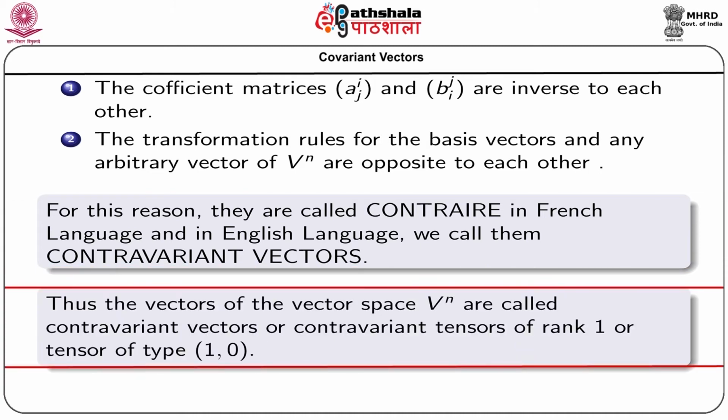Thus, the vectors of the vector space V_n, that is the n dimensional vector space, are called contravariant vectors or contravariant tensors of rank 1 or tensors of type (1, 0).